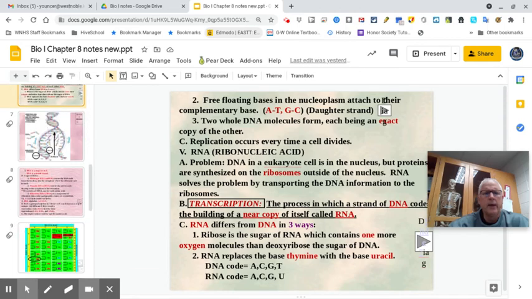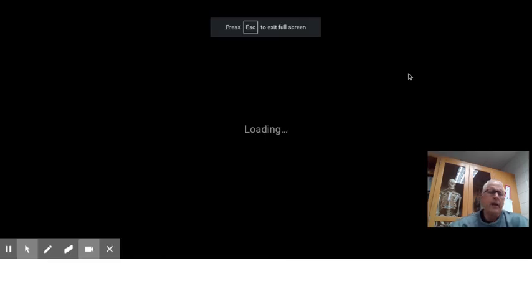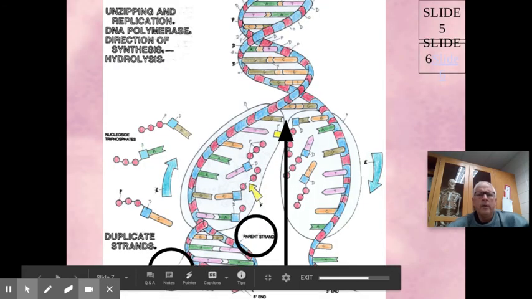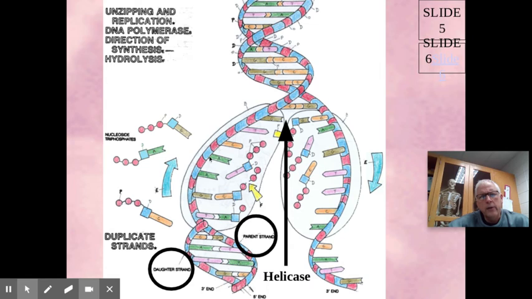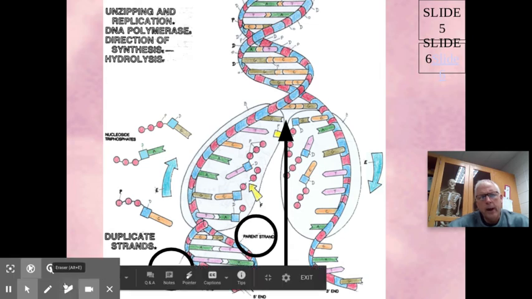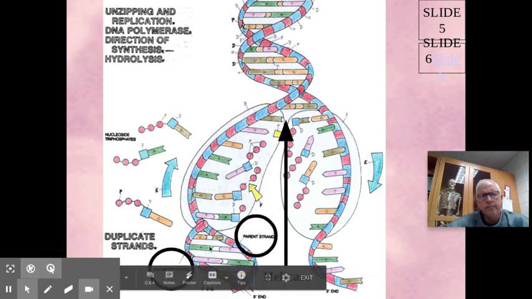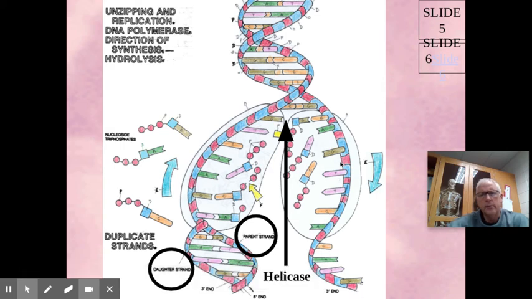Okay, what that means is, let's say, follow along with me. This is where it gets a little confusing. I have this exposed parent strand. You can see it on my screen here. There's an exposed G, there's an exposed A. On this side, the opposite, T's are exposed, okay?